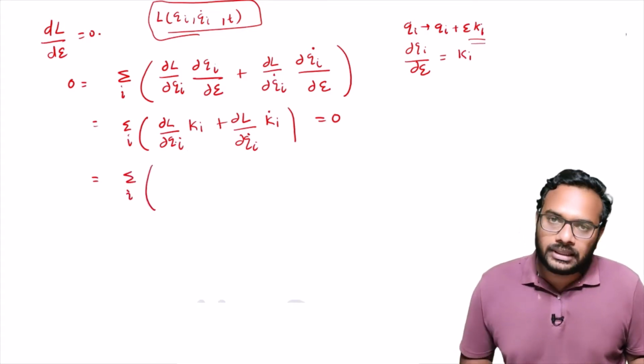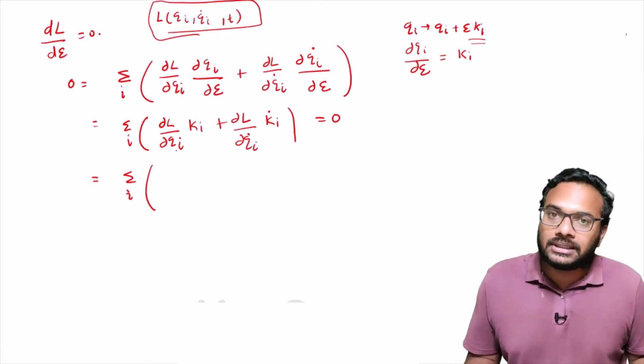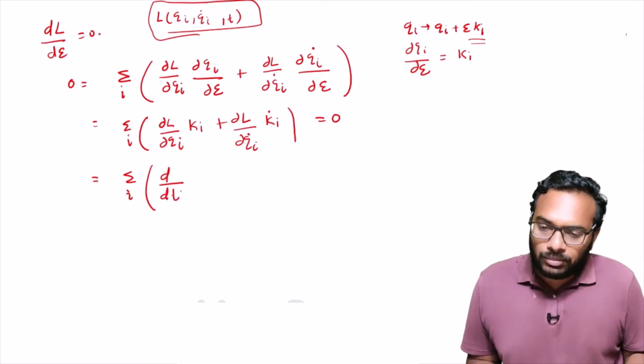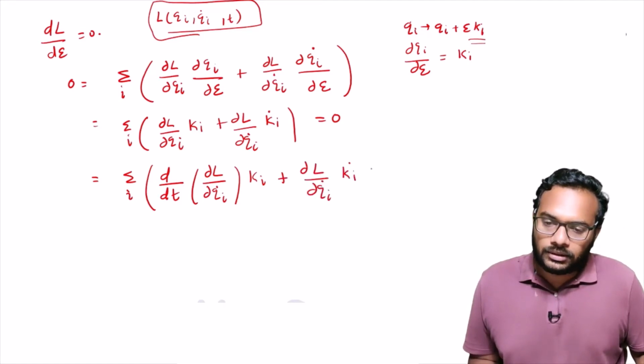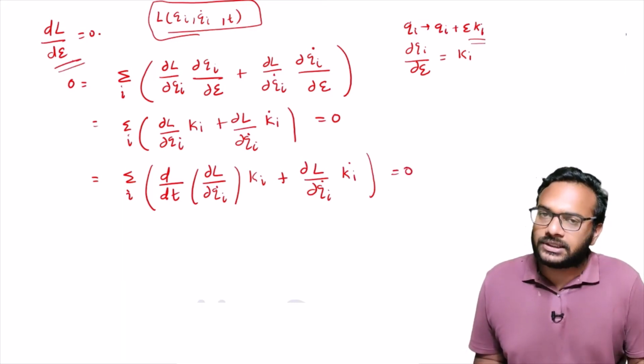From Lagrange's equation, we know that ∂L/∂qi is equal to d/dt of ∂L/∂qi dot. So we'll just write this ∂L/∂qi as d/dt of ∂L/∂qi dot, multiplied by ki, plus ∂L/∂qi dot times ki dot, is equal to 0. I'm just demanding that the first order change is 0.